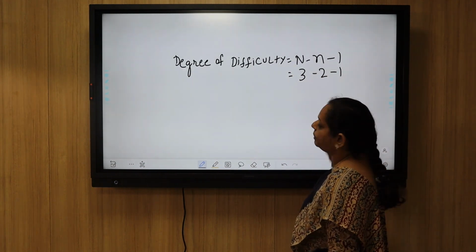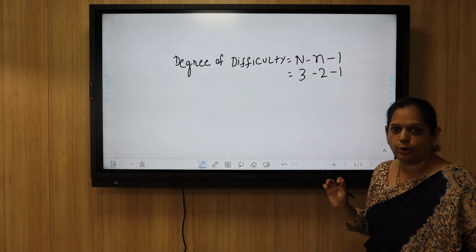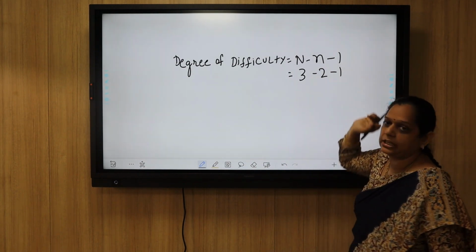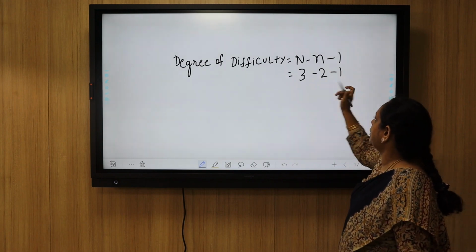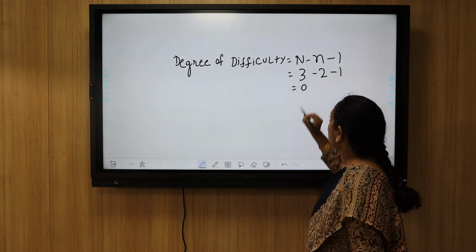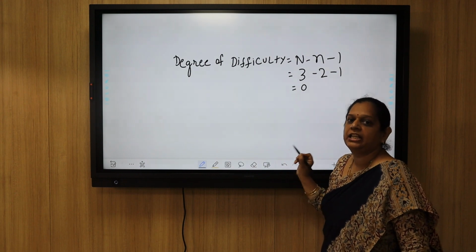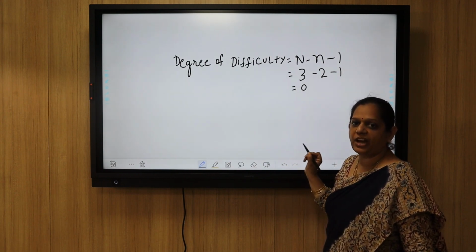In the problem, capital N is 3 and small n is 2. Capital N is the number of functions in the objective function, and small n is the number of decision variables. So 3 minus 2 minus 1 equals 0. So this problem is considered a zero degree of difficulty problem.